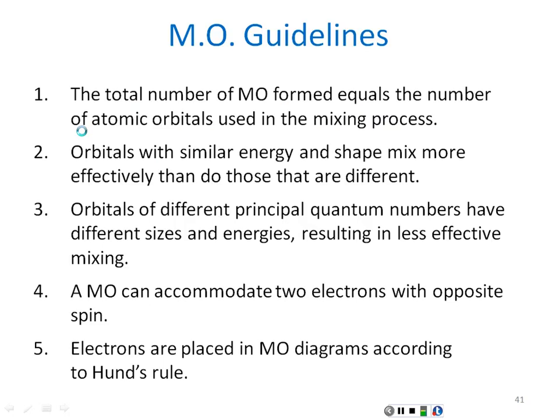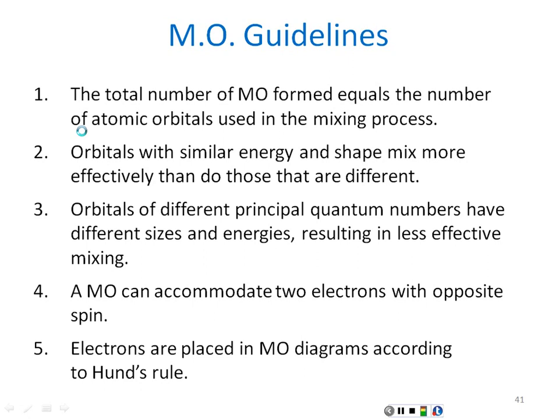The guidelines for creating molecular orbitals are listed here. The first guideline: the total number of molecular orbitals formed has to equal the number of atomic orbitals that are used in the mixing process. That's very similar to valence bond theory, where the number of atomic orbitals equals the number of hybridized orbitals. So this is really the same rule.